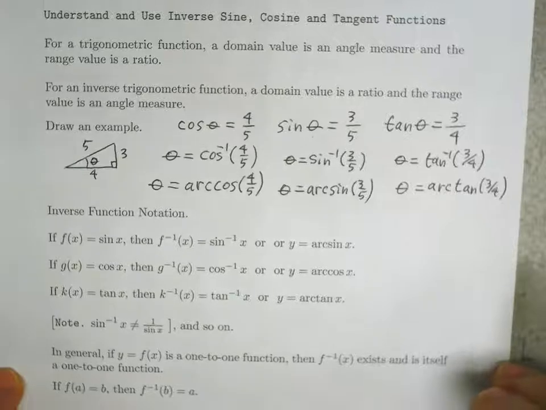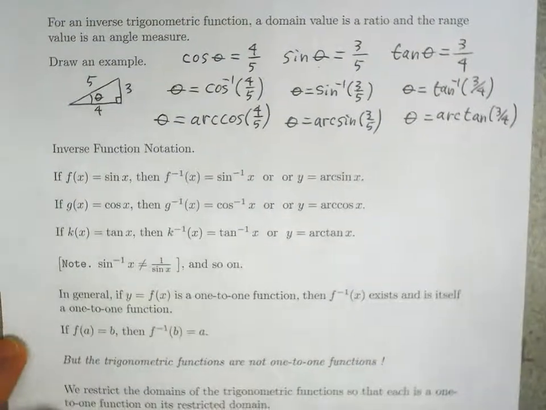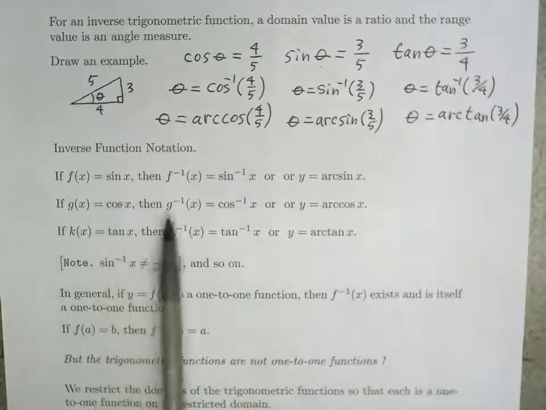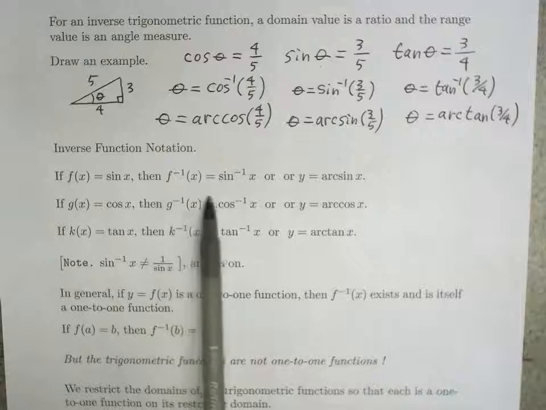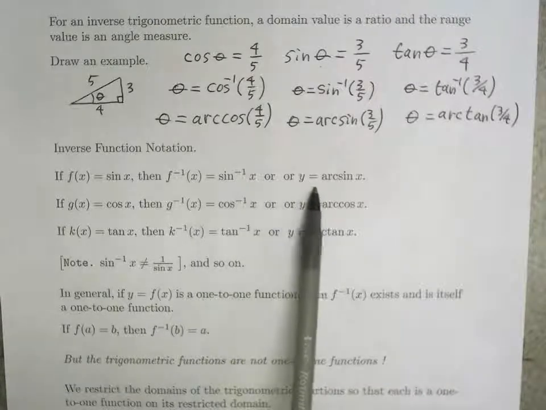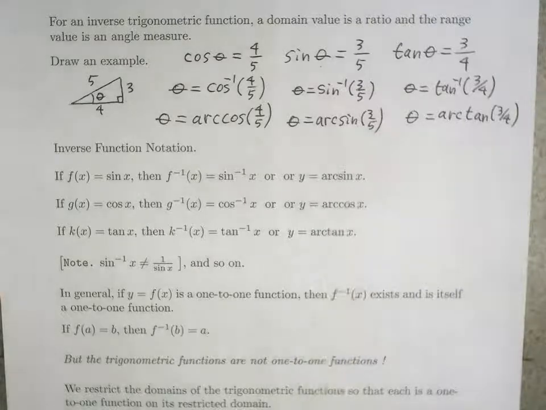Okay, so you got a preview of the inverse function notation. If f of x equals sine of x, then f inverse of x is inverse sine of x, or arc sine of x.